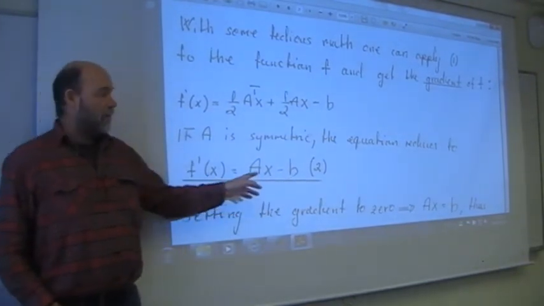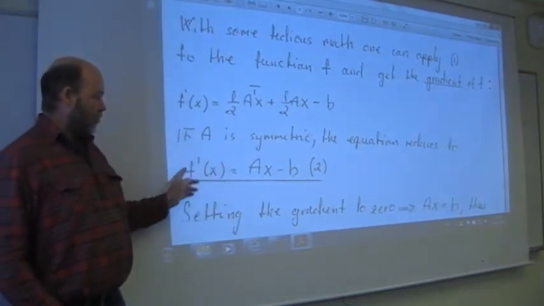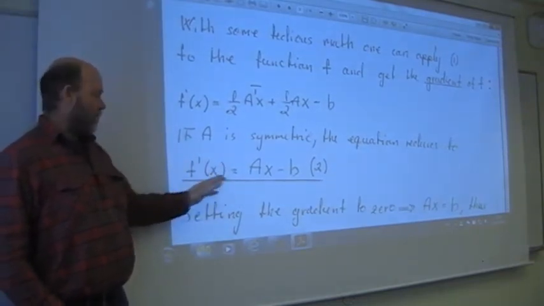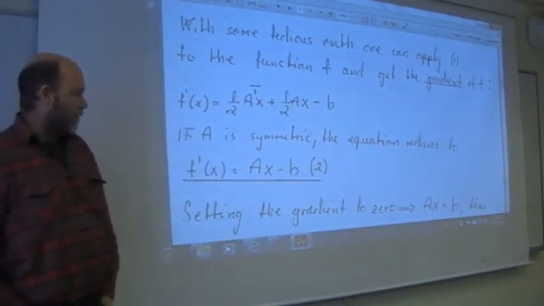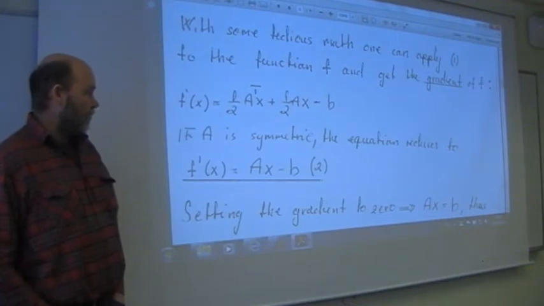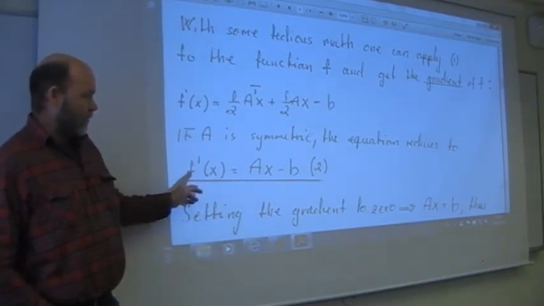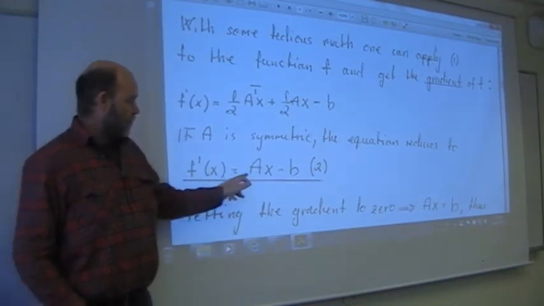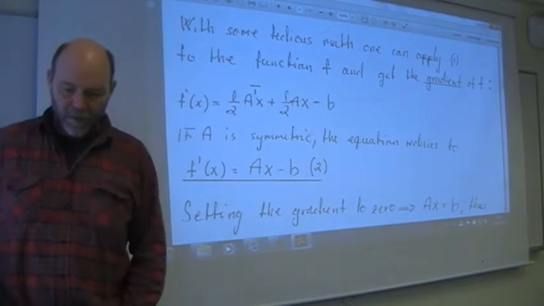In other words, if you can find the place where all these derivatives are zero, you have solved the problem. So that's the philosophy behind these Krylov methods: minimize this functional f instead of solving this equation directly.